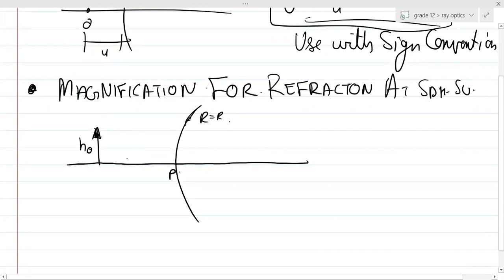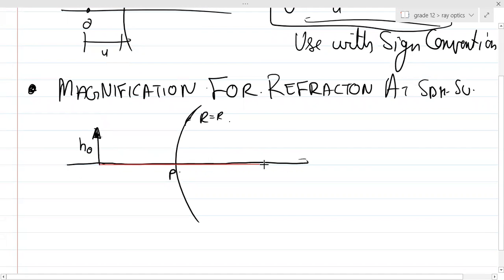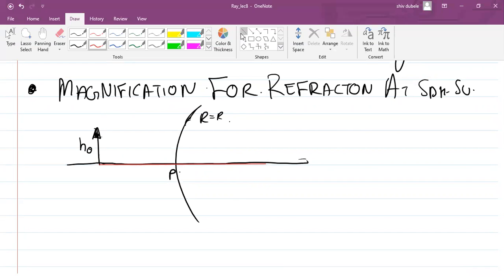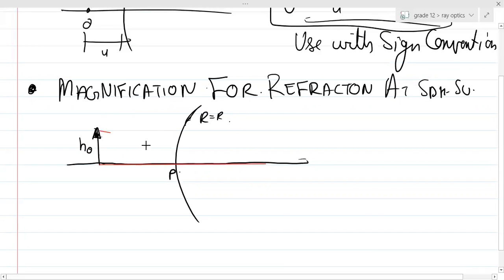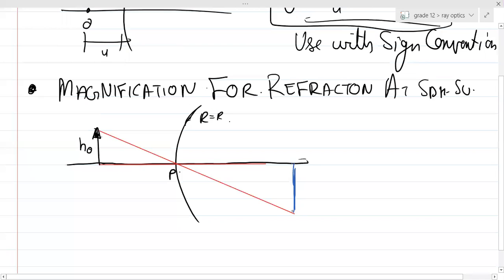Let's say one light ray is going straight, and the second light ray, let's pass it through the pole, and let's say here the image is drawn, right?